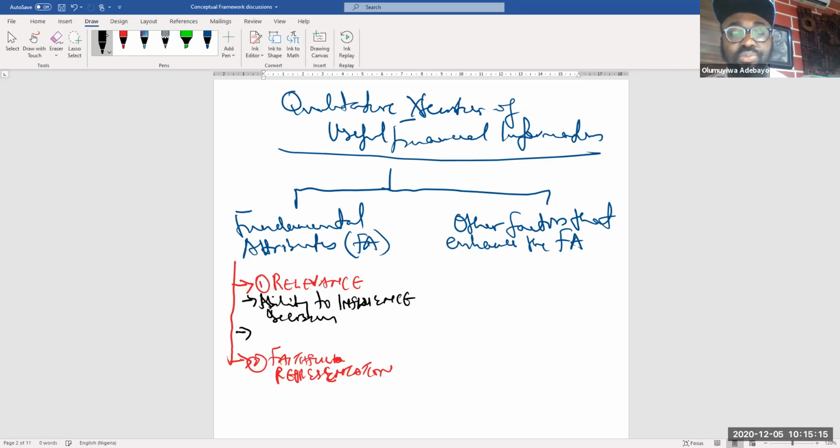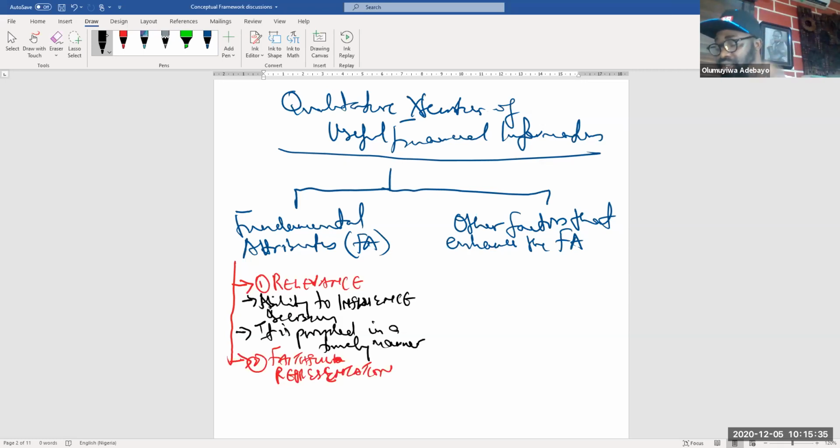And 2, it is provided in a timely manner. These 2 factors are prevalent in establishing the relevance of financial information to decision making.